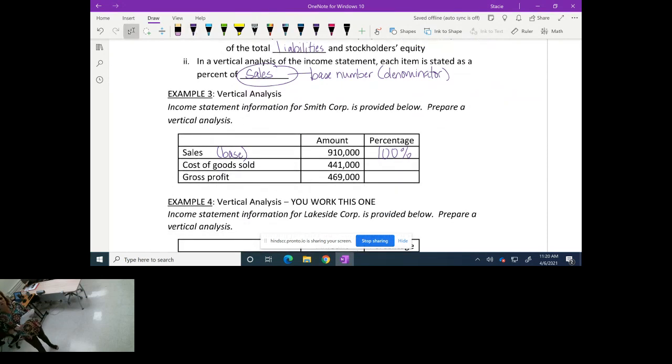So how much is this cost of goods sold number percentage-wise of sales? You're going to take 441,000 and divide it by 910,000. I've got 48.46. So what did y'all get?